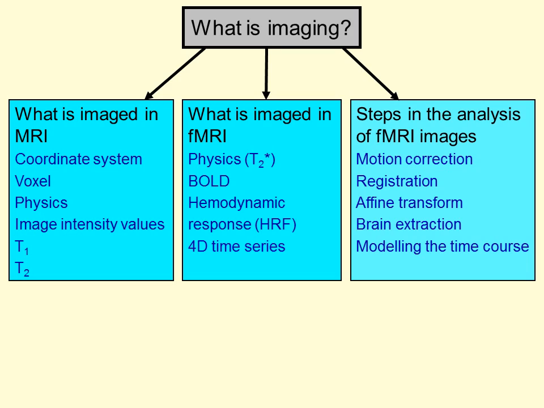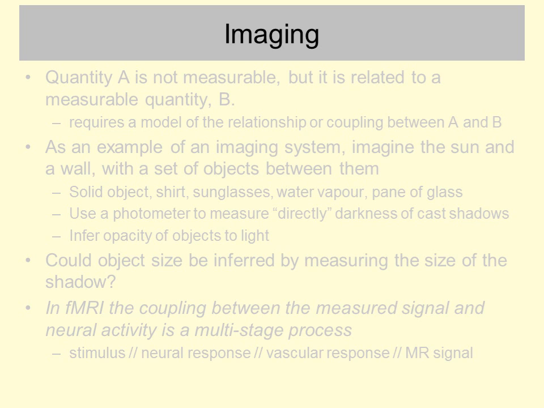This is a topic we'll cover in more detail in later weeks of the course, but these topics are motion correction, registration, affine transformations, specifically for registration of motion correction, brain extraction, and how we model the time course. So, what is imaging and when do we use it?